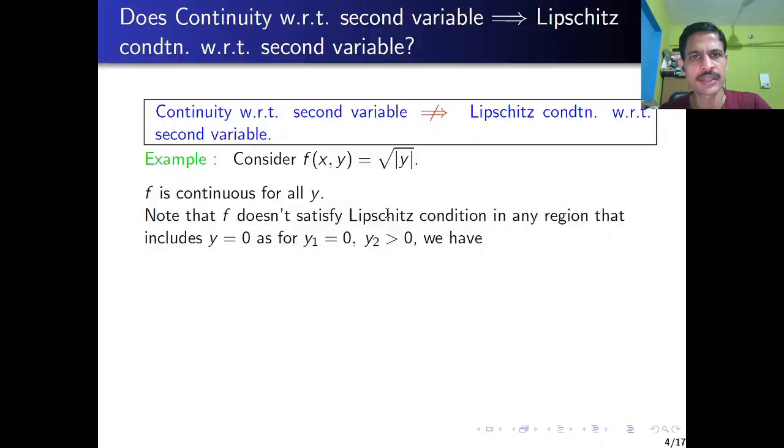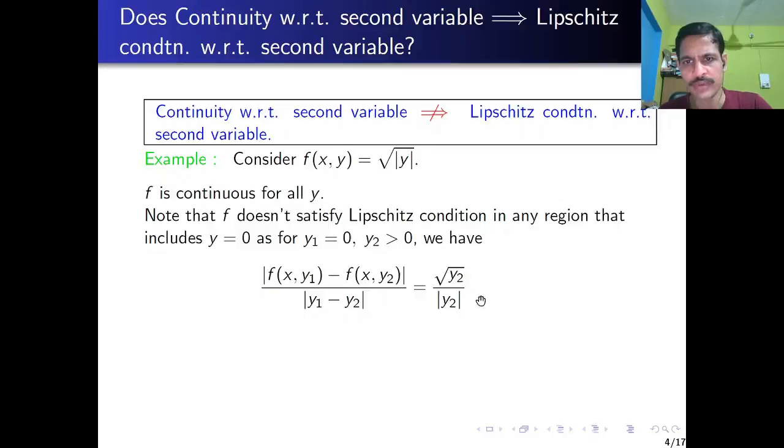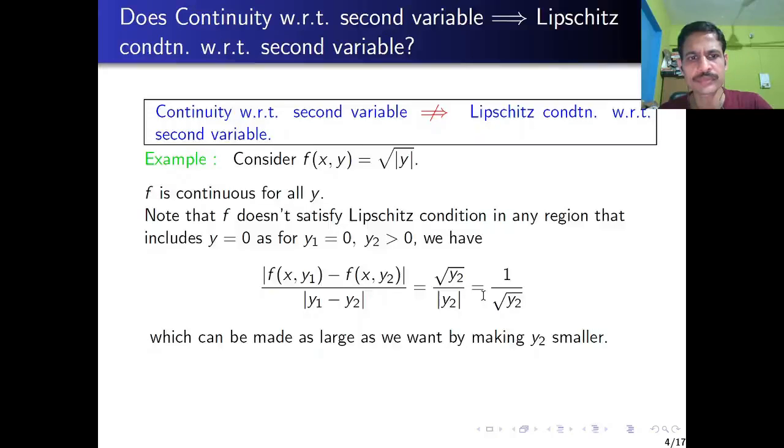Because if we select, for example, y1 equal to 0 and y2 greater than 0, then the modulus of the difference of f(x, y1) and f(x, y2) divided by the modulus of the difference of y1 and y2 is equal to square root of y2 divided by modulus of y2, because here y1 is 0, and this is equal to 1 by square root of y2, which can be made as large as we want by making y2 smaller.